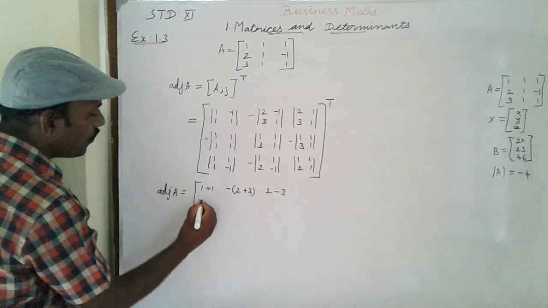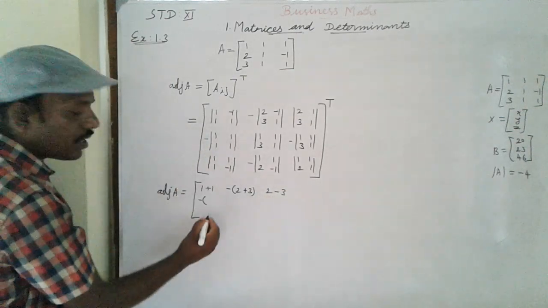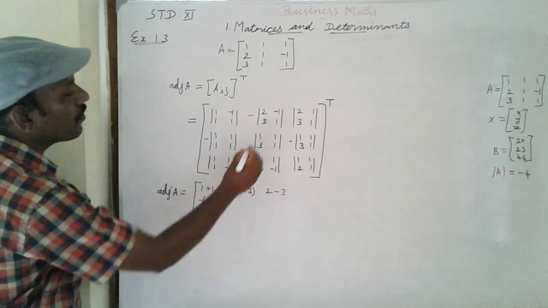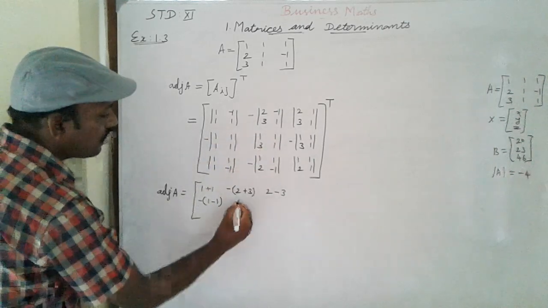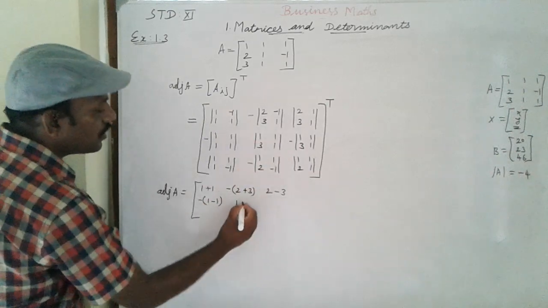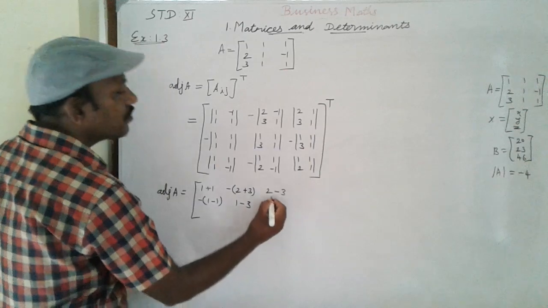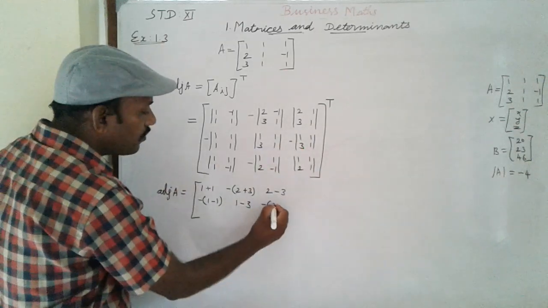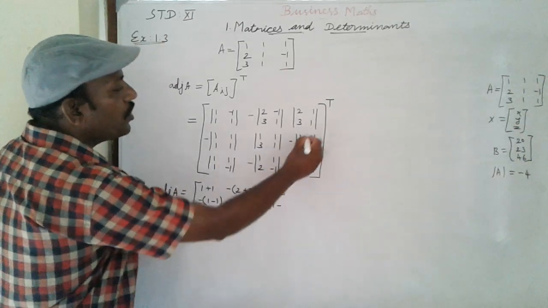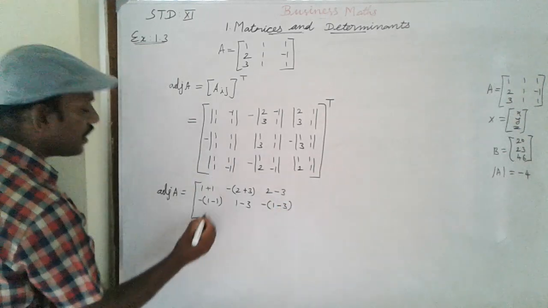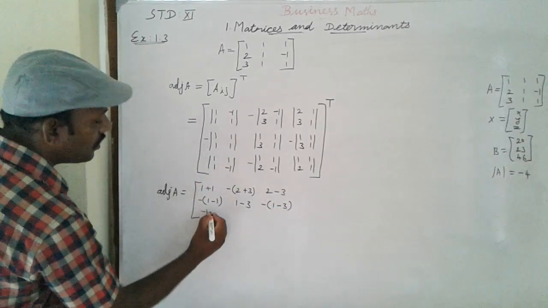Next minus of 1 into 1 is 1. Next 1 into 1, 1. 3 ones are 3, minus 3. Next minus of 1 into 1 is 1. Minus 3 into 1 is 3. Next 1 into 1 is 1.